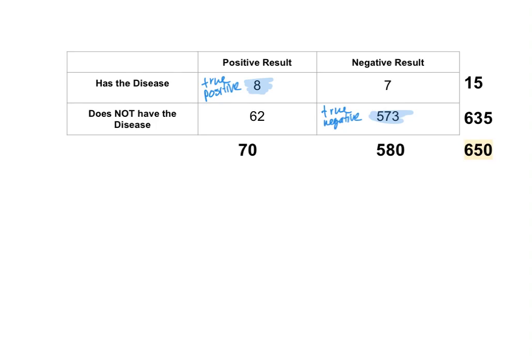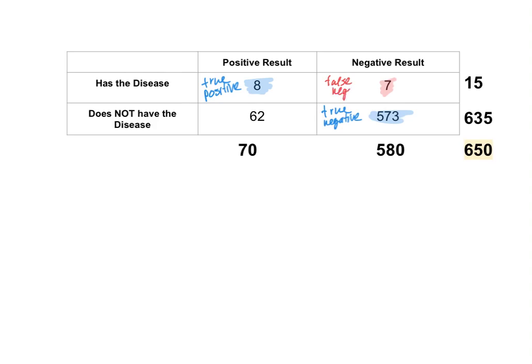Now, again, what we can also determine is the tests that are not accurate in terms of not matching whether or not the person has the disease. So those, what we would call false positives and false negatives. So first, if we look at the people who have the disease, who come in and test negative, there are 7 of those individuals, that's called a false negative.